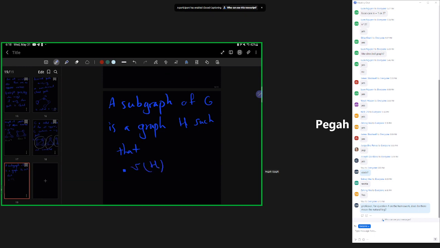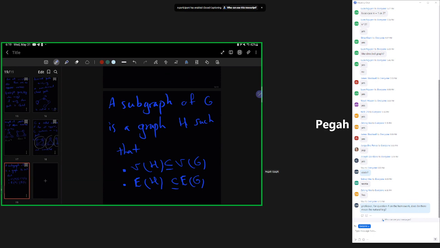First, the vertices of H are a subset of the vertices of G. And also the edges of H are a subset of the edges of G. That's a subgraph.